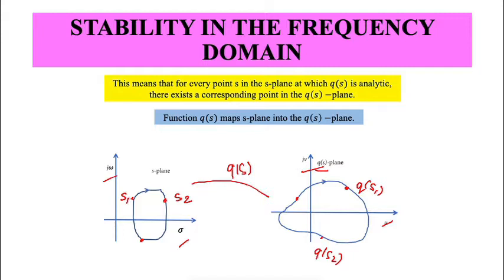This is what this particular expression tells us.